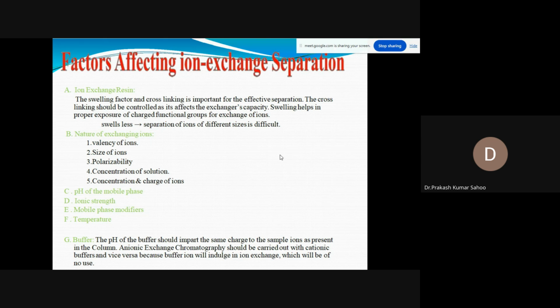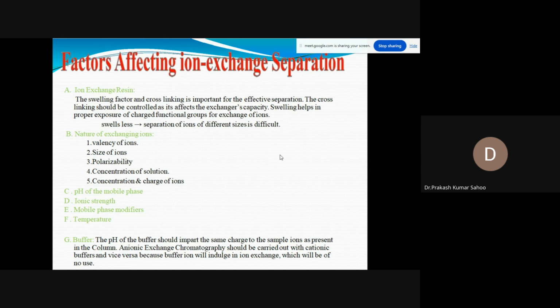For example, in the resin, the swelling factor and cross linking are important, because for effective separation the cross linking should be controlled, as it affects the exchanger capacity. Swelling helps in proper exposure of charged functional groups for exchange of ions. So swelling means separation of ions of different sizes is critical.